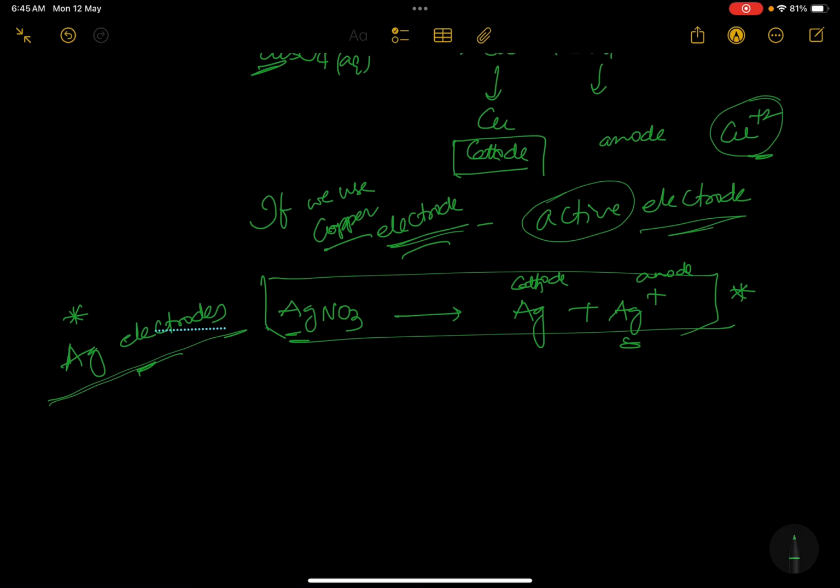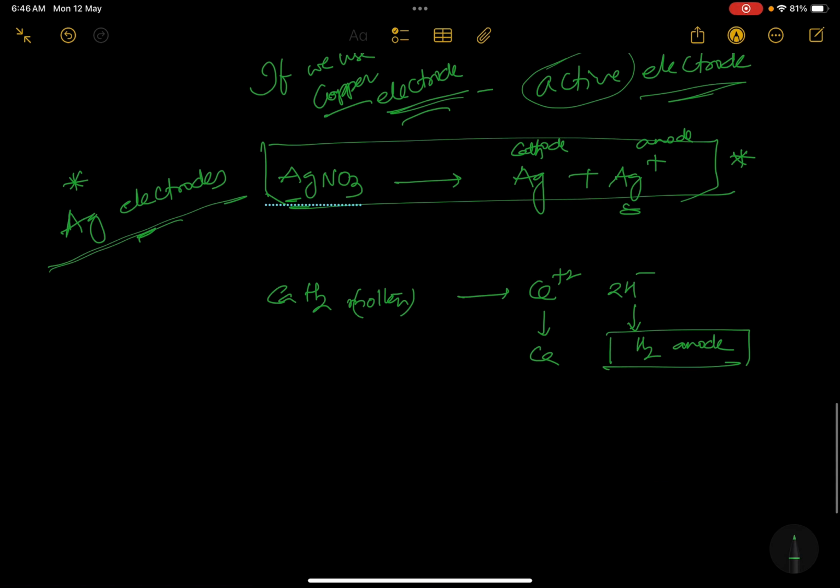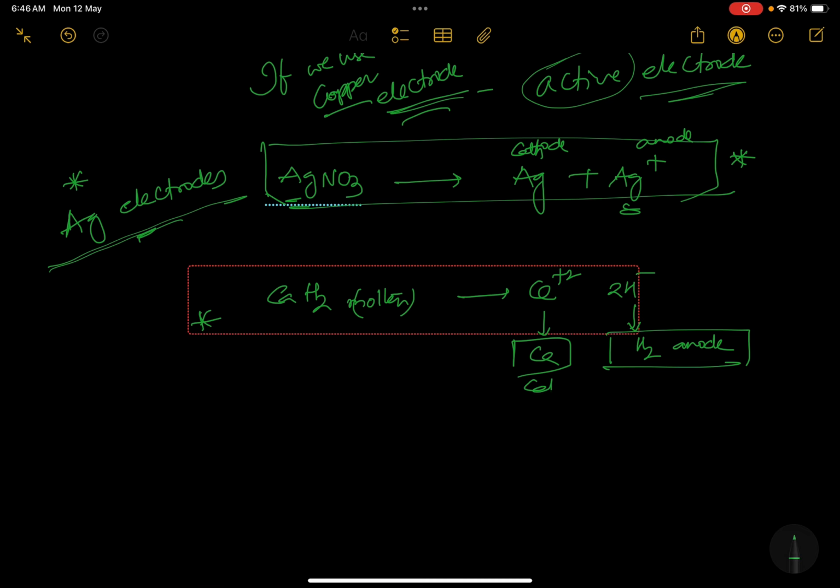And some exceptions, if you want. Molten calcium hydride will give you calcium+2 and H-, not H+. So you will be getting calcium, no doubt, at the cathode, but hydrogen at the anode. Generally hydrogen is obtained at the cathode, but here hydrogen is at the anode, that's why it is special.